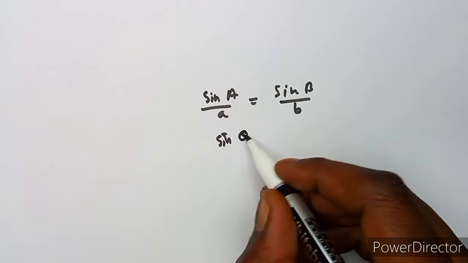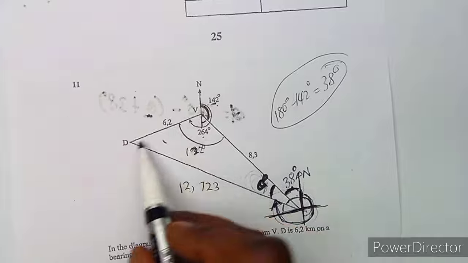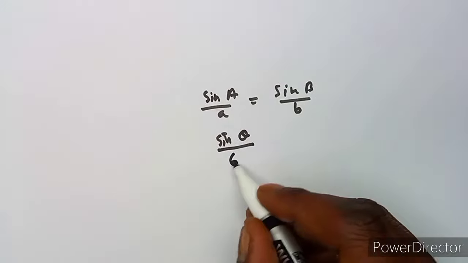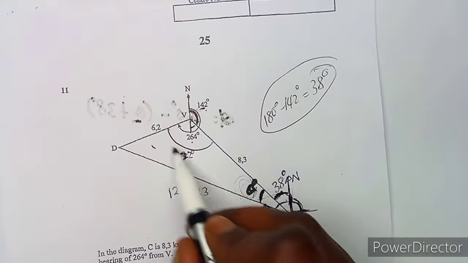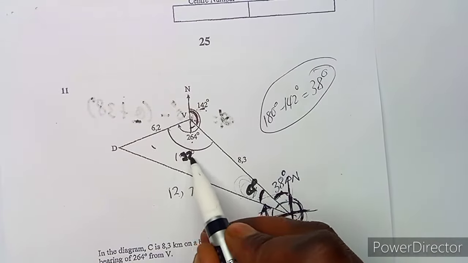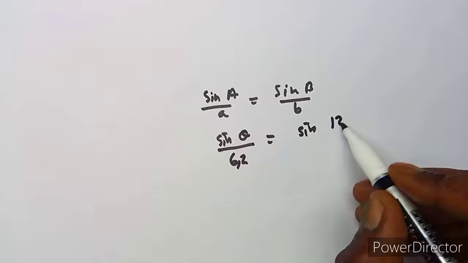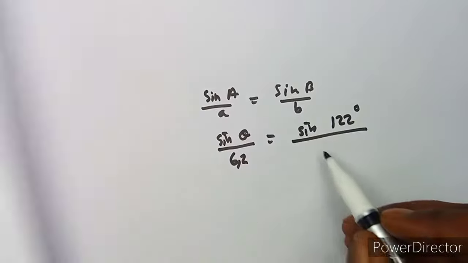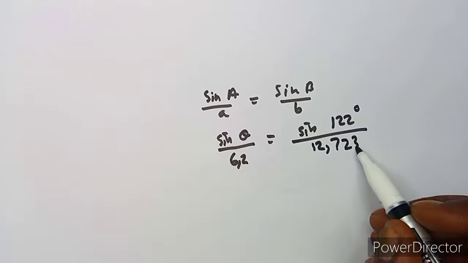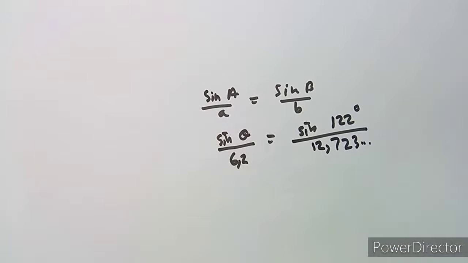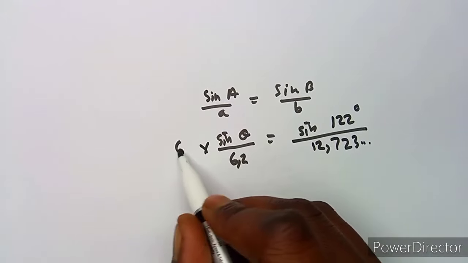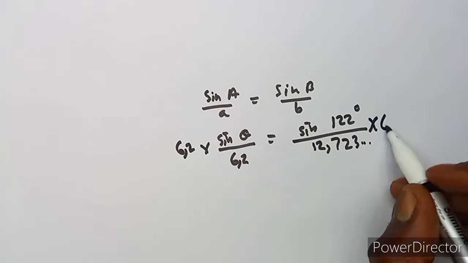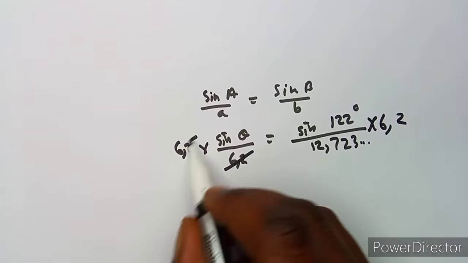So sine theta over A, which is the corresponding side here, is 6,2, is equal to sine the one that we are given already, this angle that we calculated, and we said is 122 degrees here. So it's sine 122 degrees over the corresponding side, which is 12,7, something like that. It goes like that. So make sure that you just store those values and so forth. I want to calculate theta, so I'm just going to remove this by multiplying by 6,2 so that I can get rid of the what?